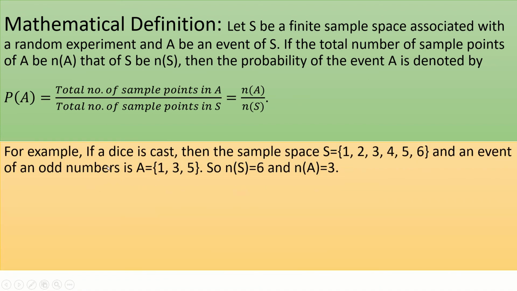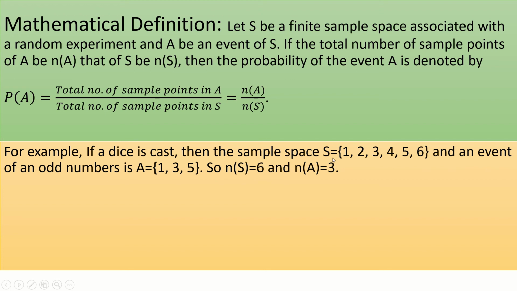For example, if a dice is cast, then the sample space S is equal to {1, 2, 3, 4, 5, 6} and the event of odd numbers is {1, 3, 5}.